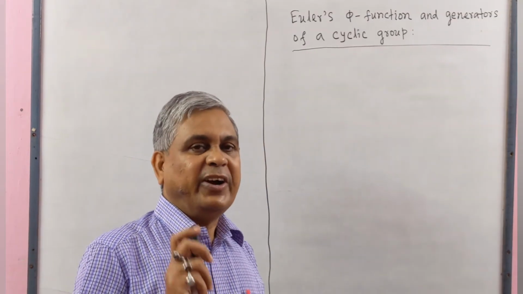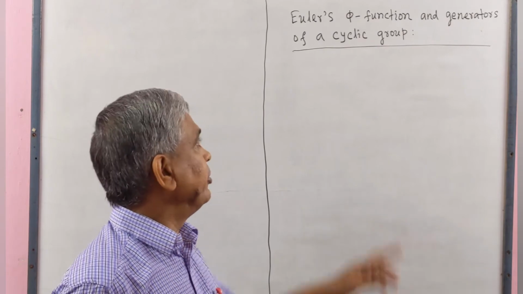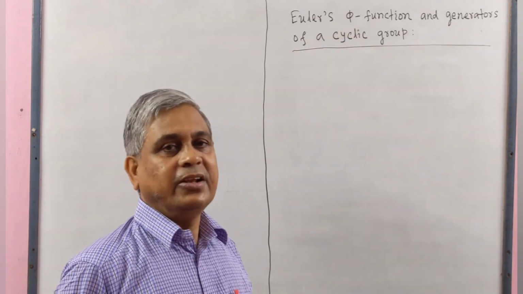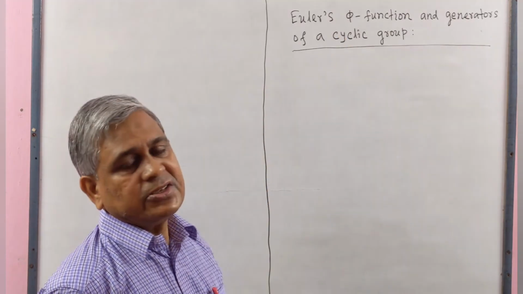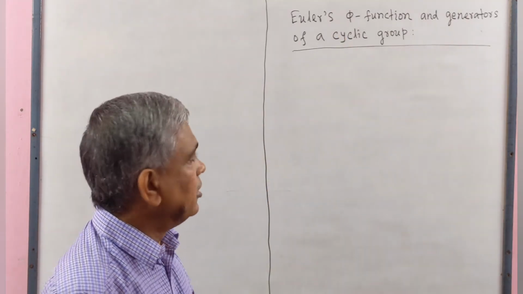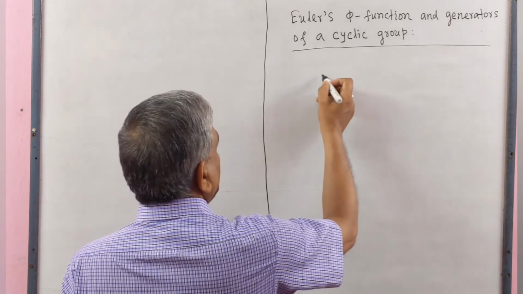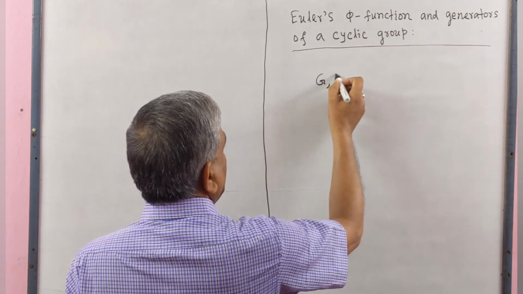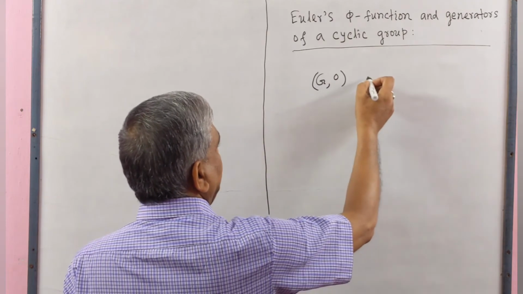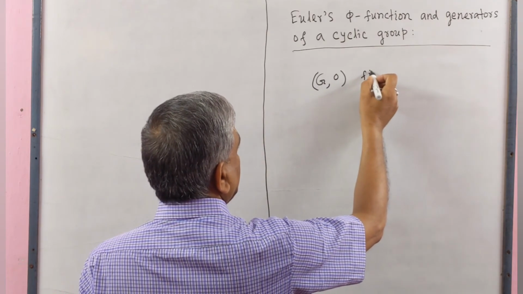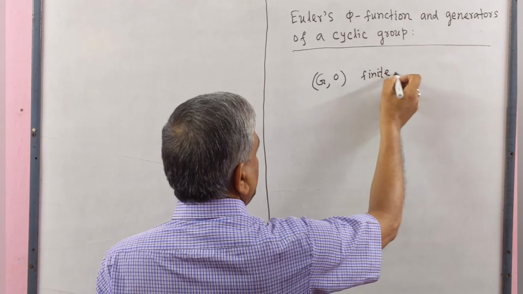Now we will find the relation between Euler's phi function and generators of a cyclic group. Let G with given binary operation be a finite cyclic group.